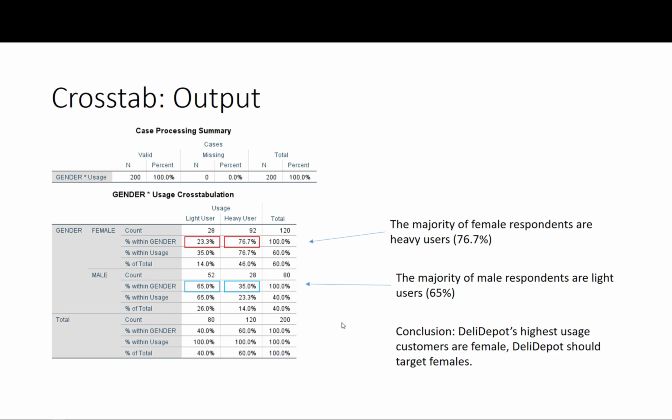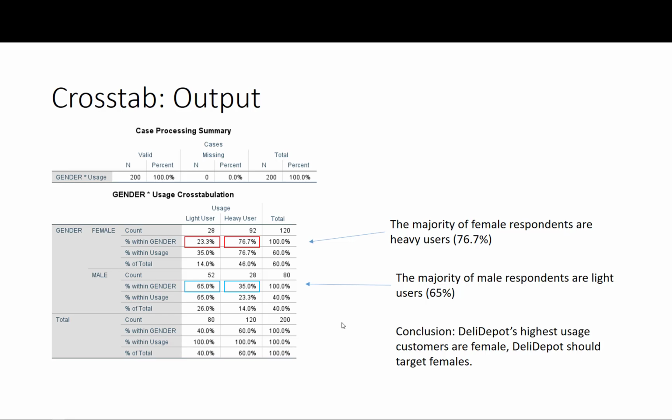There might be a different research question, which is how can we improve our sales? And the answer there might be that we need to target males to encourage them to use more. But that is a different question with a different interpretation. So just be very careful about how you interpret it.